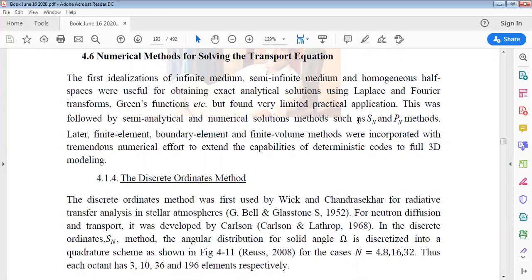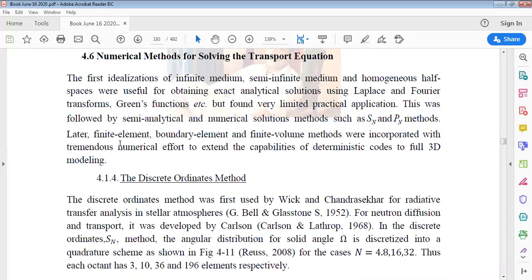So what we're going to do now, there's so many methods, and I'll concentrate on two because these tell a lot of the story of the numerical methods of solving the transport equation. Now, the discrete ordinates method is the SN method. The spherical harmonics method, written as the PN method because they use the Legendre polynomials.